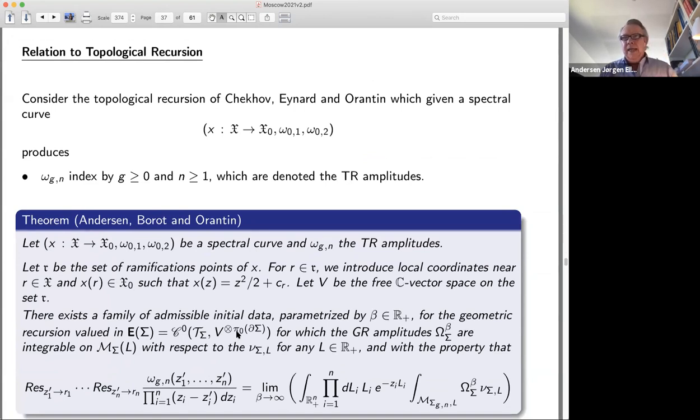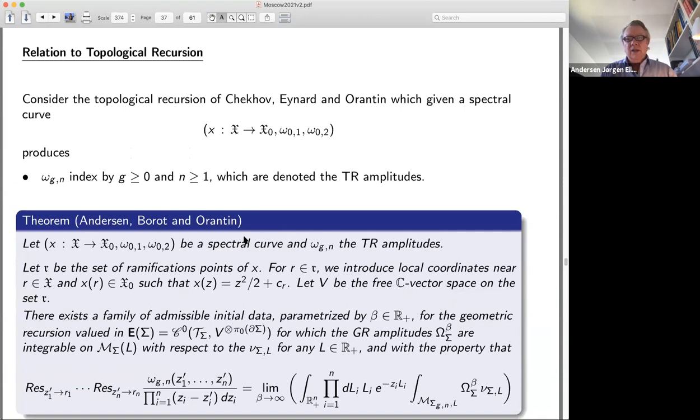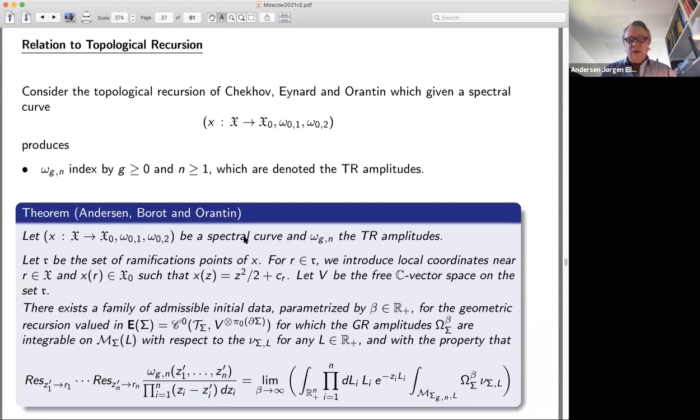Okay, again, I want to really try to speed up. So this slide here is just recalling the setup of topological recursion, which is not necessary. But then the theorem says that, if you have some GR amplitudes which depend on a certain parameter beta, there's a way to twist initial data by this parameter beta.